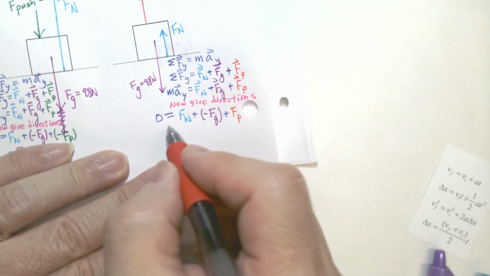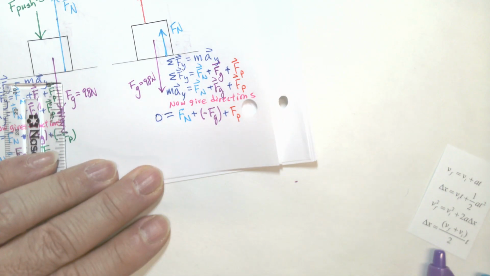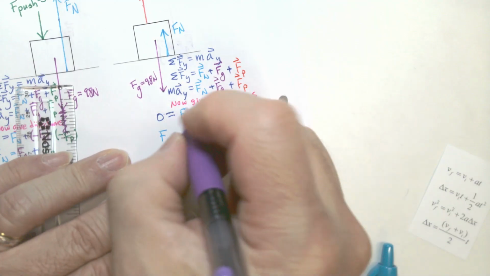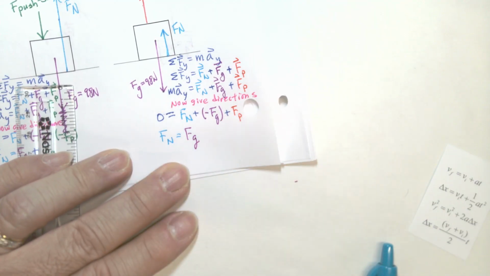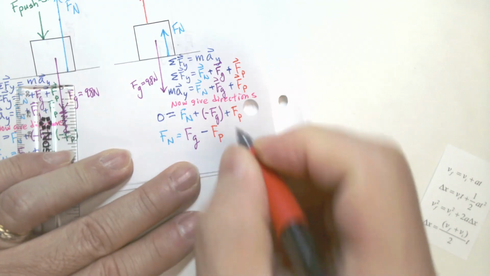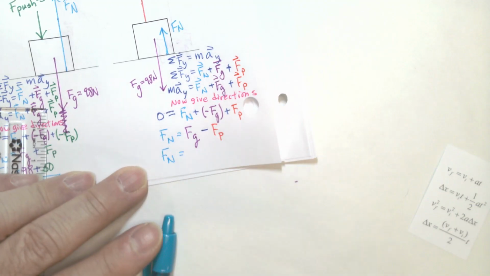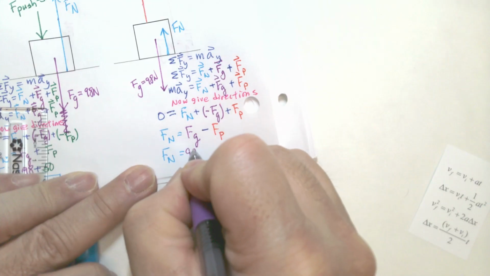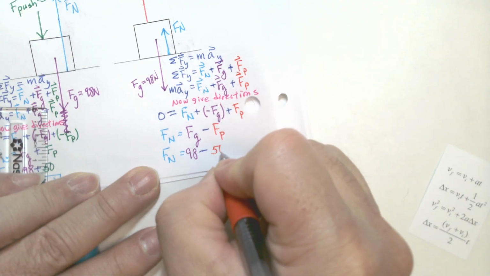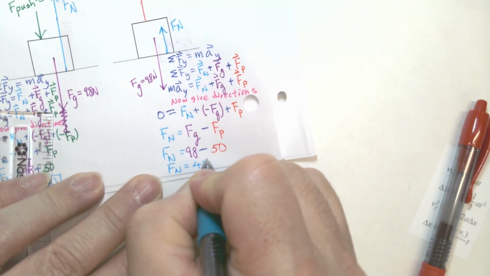Therefore, if I were to now solve for F normal, my F normal now is equal to simply FG minus F pull, which is, my F normal now is equal to 98 minus 50, so my F normal becomes 48 newtons.